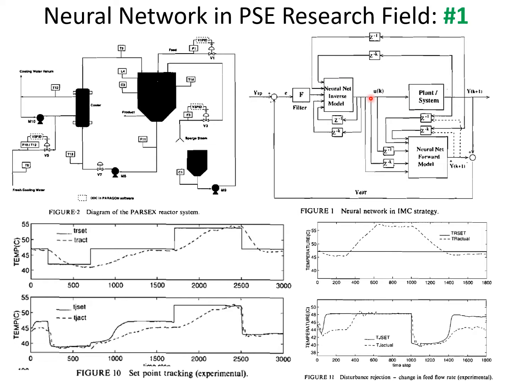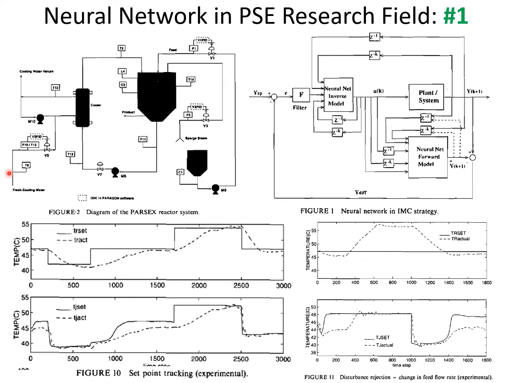As before, we put the past outputs, past inputs, and set point into the neural inverse model to get the manipulated variable to come out with the output that is close to the set point. Of course, to cater for disturbances and mismatch, we have another neural network forward model in parallel, and this error will come in, subtracted from the set point, to the filter and to run the system.